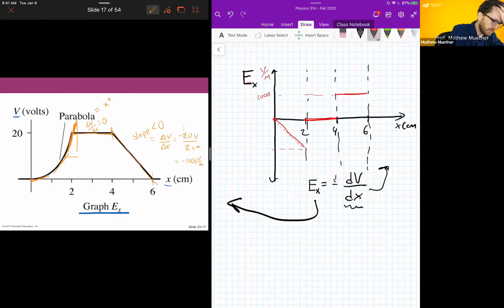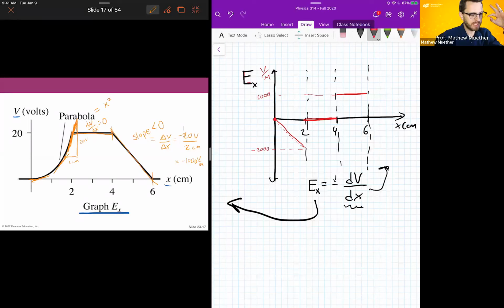You can convince yourself here that for 1 centimeter, I don't know, maybe it changes by 20 volts in that 1 centimeter there. So you could try to estimate the slope from this graph. So maybe it ends up here at sort of twice the steepness, or like minus 2,000, something like that over here.